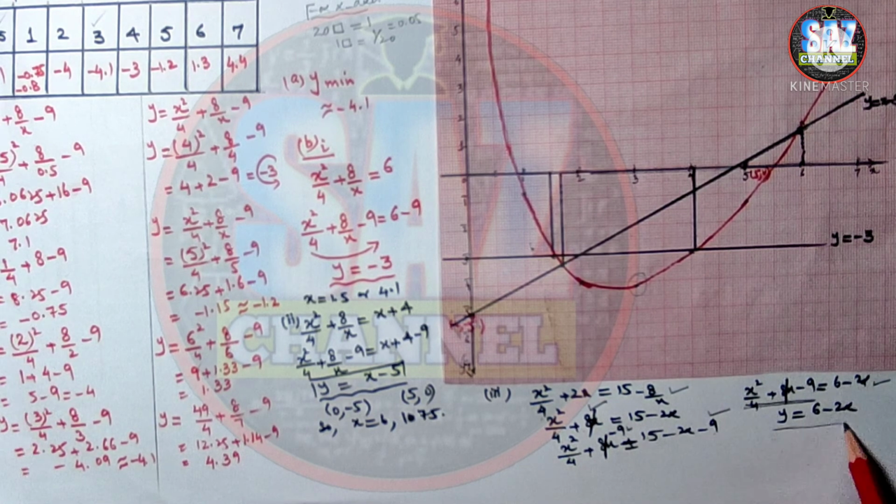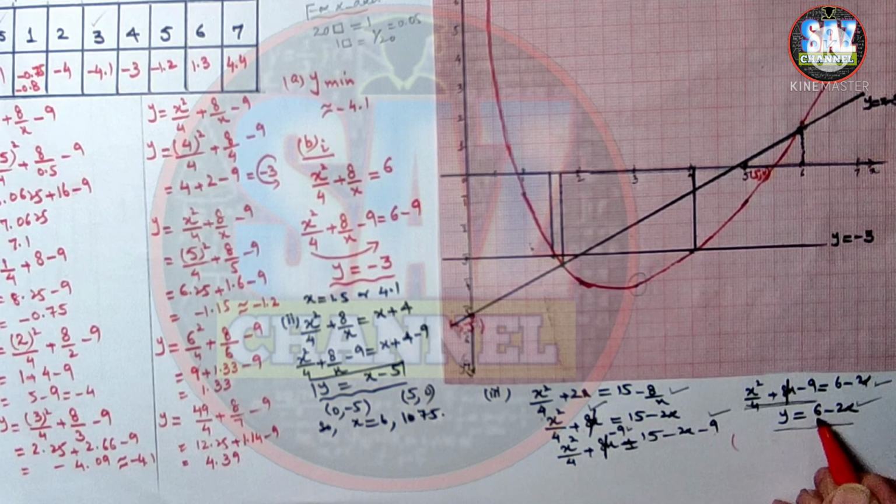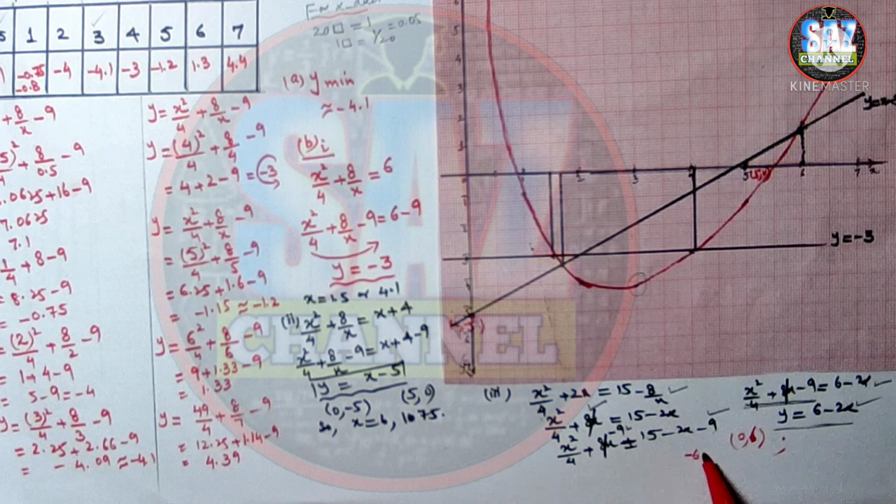Now I have to plot another straight line on this graph, that is 6 minus 2x, and recall what we will be doing, that will be finding the intercepts for this line. When x is 0, y value becomes 6. So one of the points will be x 0 and y 6, (0, 6), and the other point is when I make y 0, that means minus 6 equals minus 2x and x equals 3, so (3, 0).